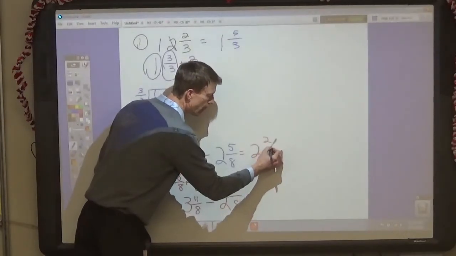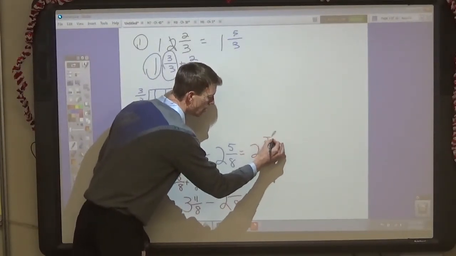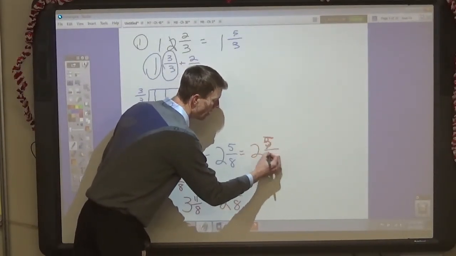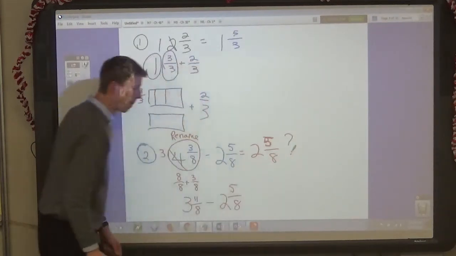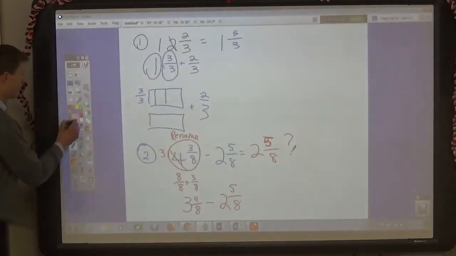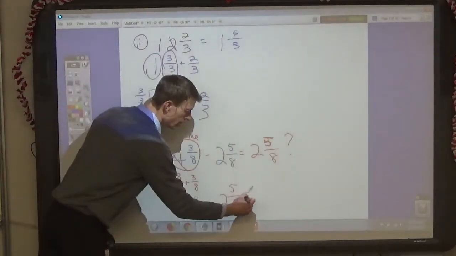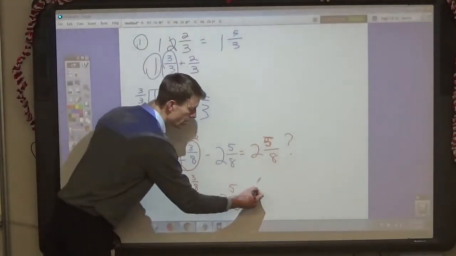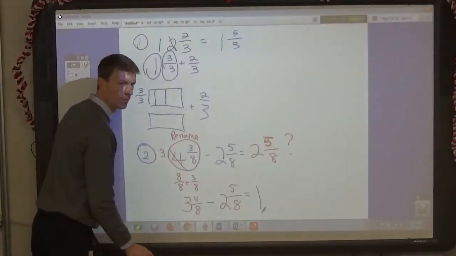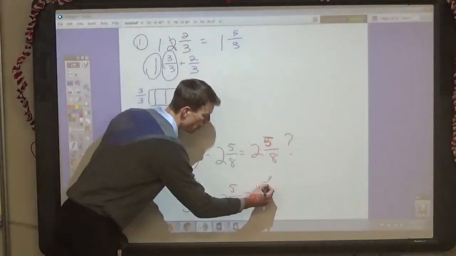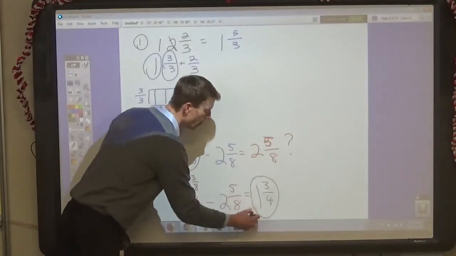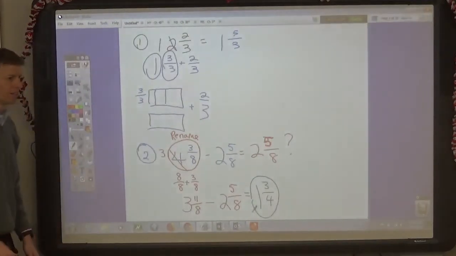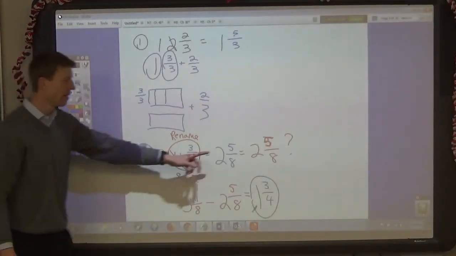Is this the answer? No. What is it? 1 6/8. Well, let's reduce that. Garrett? 1 3/4. So your method is not working. You got the wrong answer.